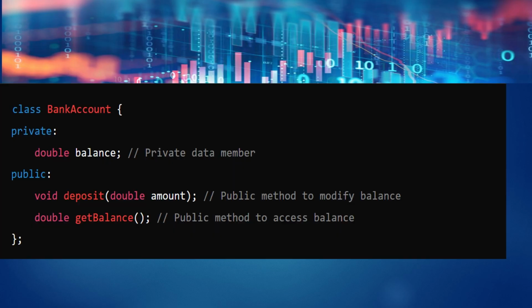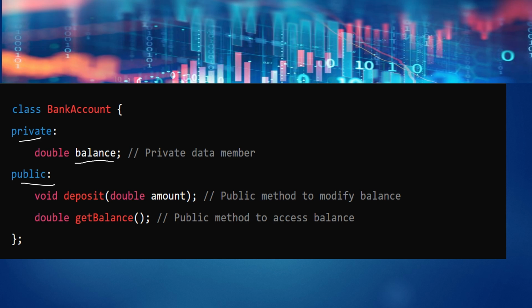Here you can see we have some private members and we have some public members. Now our data members are generally your private members because we don't want anybody outside our class to have direct access to our data members. So we say we have a double variable that is balance and we don't want anybody outside our class to have direct access to it. Now since we have some variable, we need some functions through which these variables can be accessed or changed.